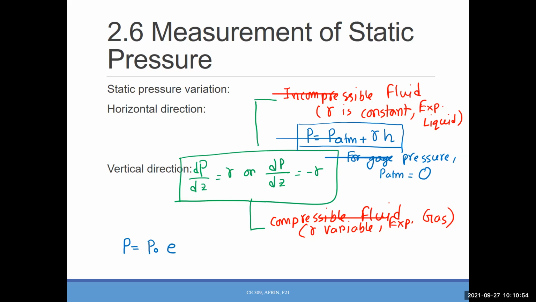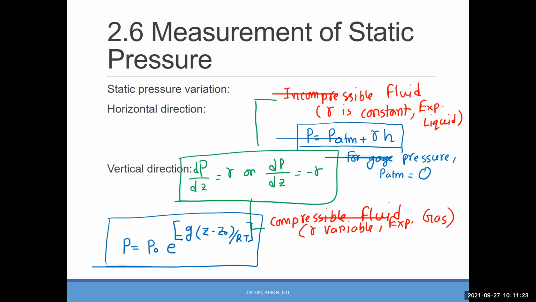And that's why the equation will be e to the power G (C minus C naught) over RT, the whole thing being the superscript of e, and that is the equation.